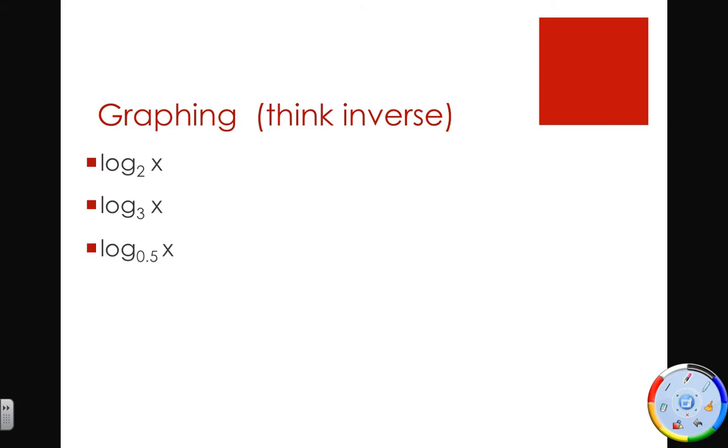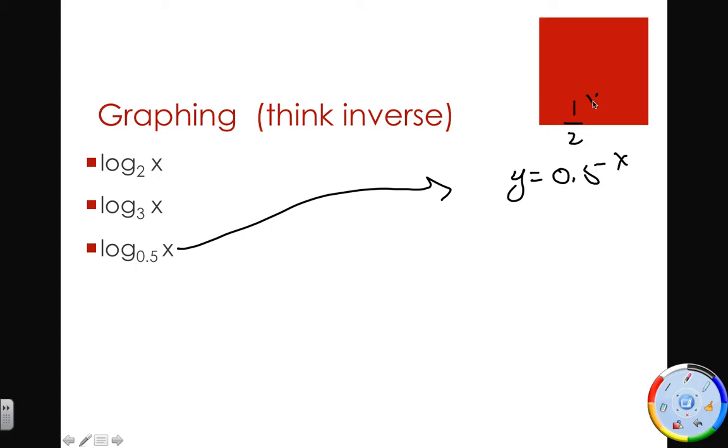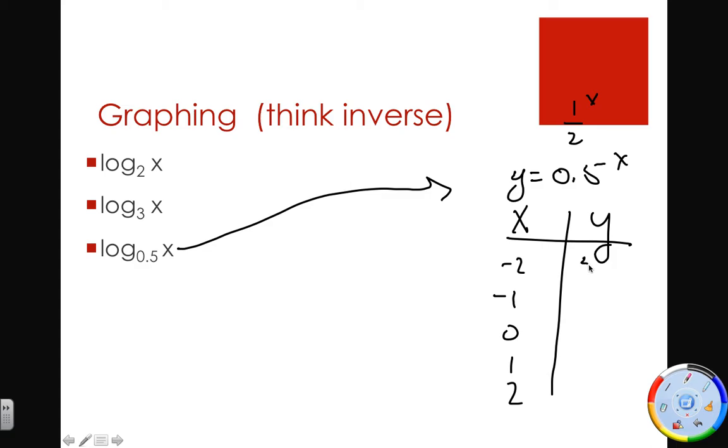I do want to throw this one in there just because I want to make sure we understand what's going on here. We're going to look at y equals 0.5 to the x power. You guys might remember this is 1/2 to the x. We looked at something like this. This was the decay model from last section. -2, -1, 0, 1, and 2. -2 actually became a 4.